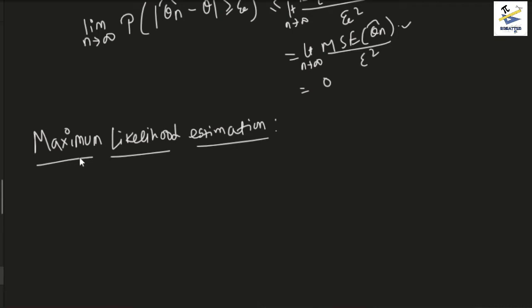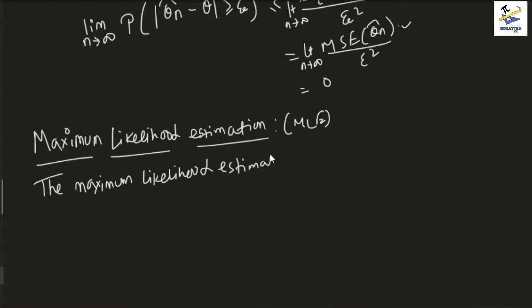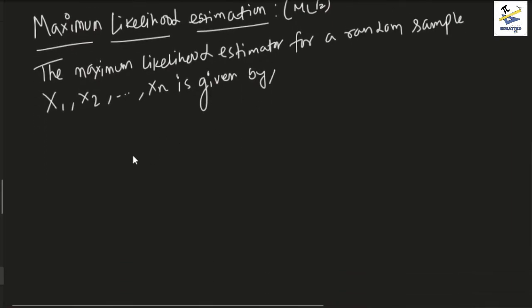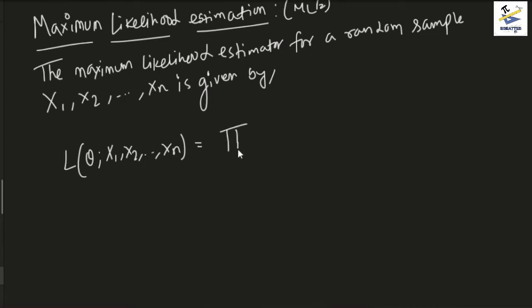Well, obviously, when we have an MLE, what we do is usually the estimator for a random sample is given by, so this random sample is given by, so this is our maximum likelihood estimator defined, and we do this like this.